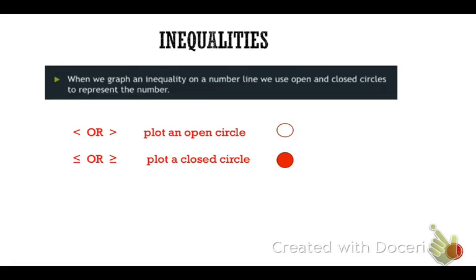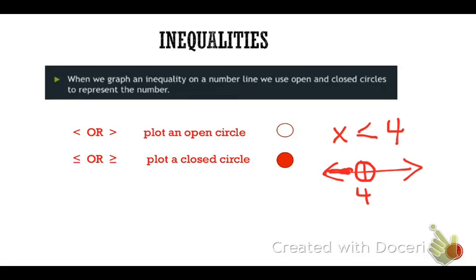So that means, if at the beginning I did x is equal to 4, well, let's say that x is less than 4, then I'm going to find 4 on the number line, and I'm going to put a circle there. And I'm not going to fill it in like I did when I said x is equal to 4. And then I'm going to draw an arrow.